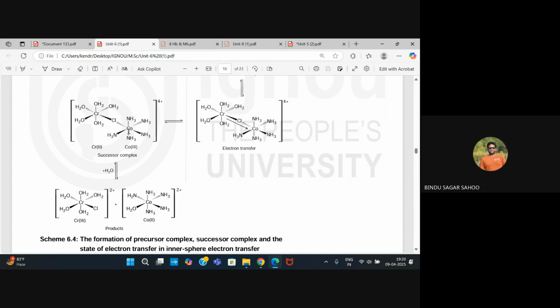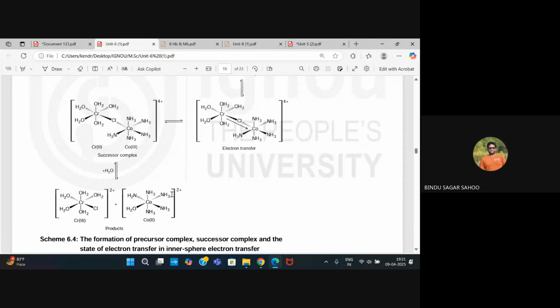There will be breakage of the cobalt Cl bond, because the chromium Cl bond will just stay intact, as chromium forms an inert configuration or inert atmosphere around itself. So when the further decomposition occurs, there will be a breaking of the cobalt Cl bond, and we will get the chromium water 6 2 plus complex.